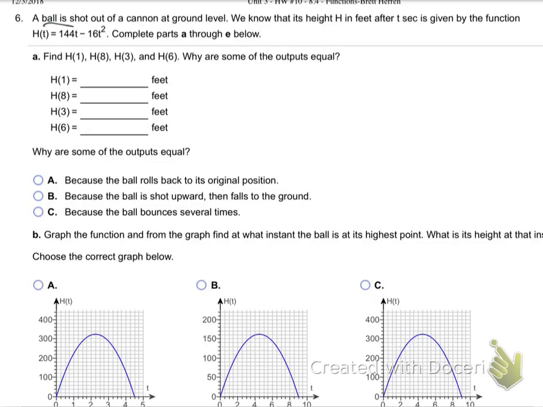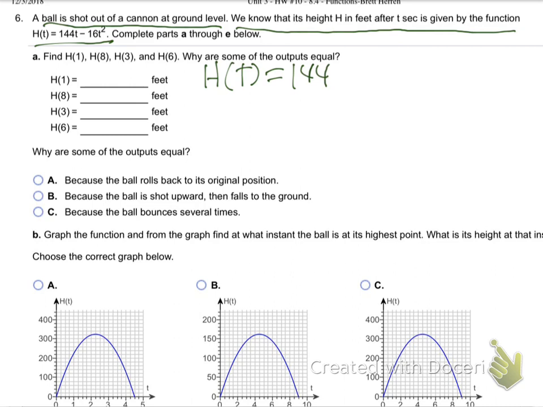Okay, here we go. A ball is shot out of a cannon at ground level. We know that the height, h, in feet after t seconds is given by that formula. Find them. Okay, so the formula is h of t equals 144t minus 16t squared. So they want h of 1. They want to know how high is the cannonball after 1 second.